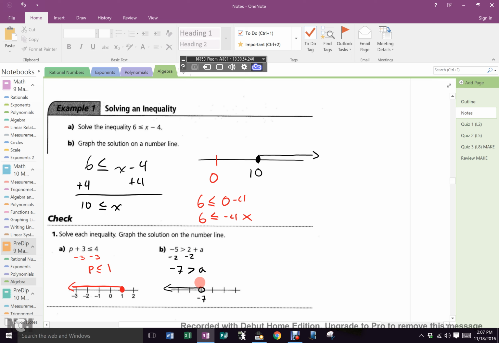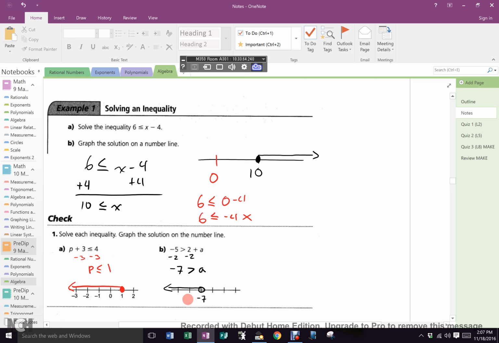Okay? So this means that -7.0000000000001 is okay. -7 isn't. Understand? Is -6.999999999999999 okay? No, because that's not -7.